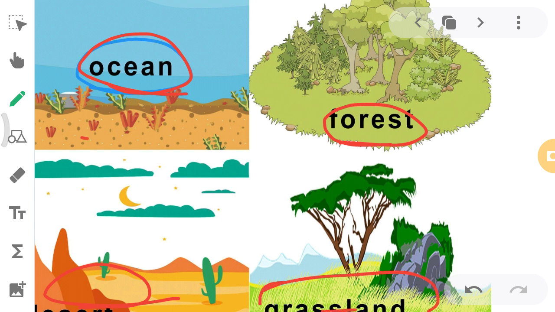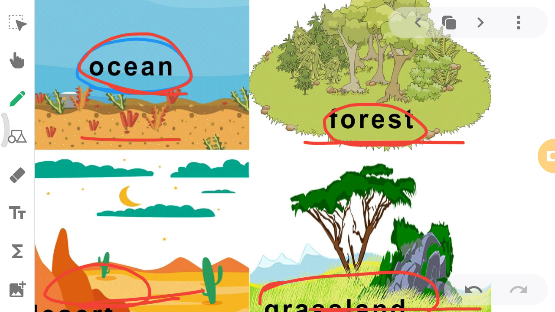Each habitat is different and each animal living in these habitats is different. Every habitat is unique and every habitat has its own species. There are several kinds of plants and animals that live in the same habitat.